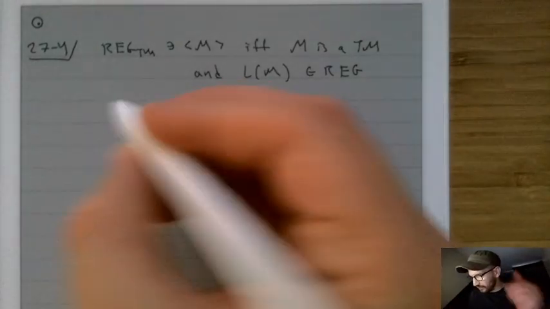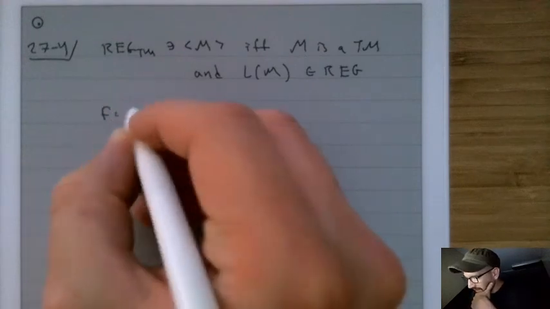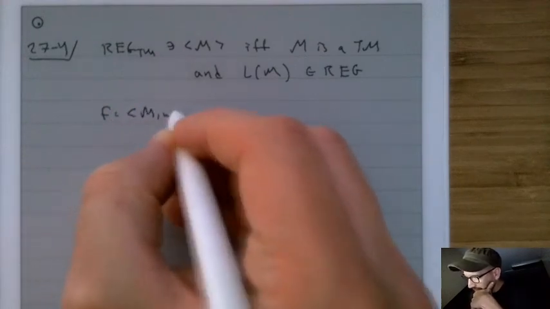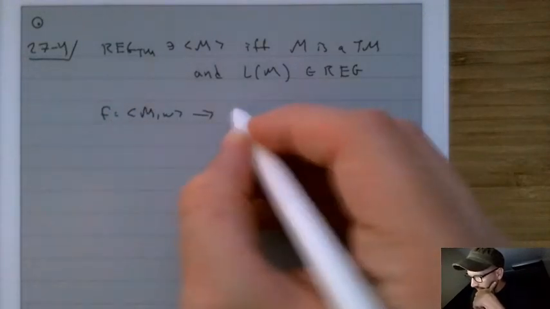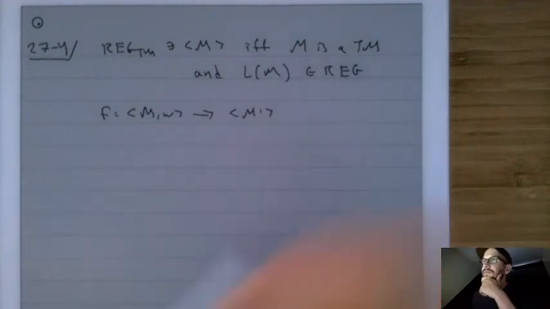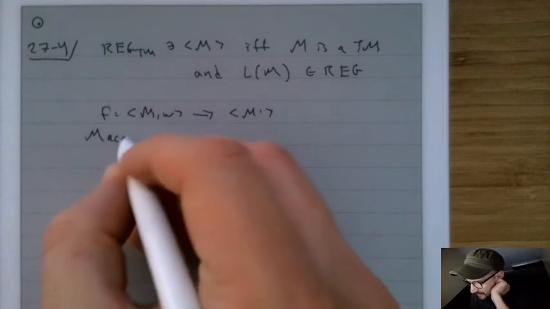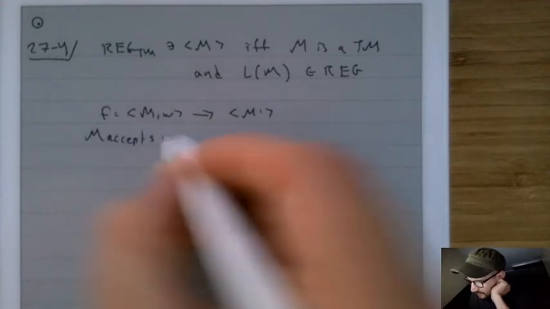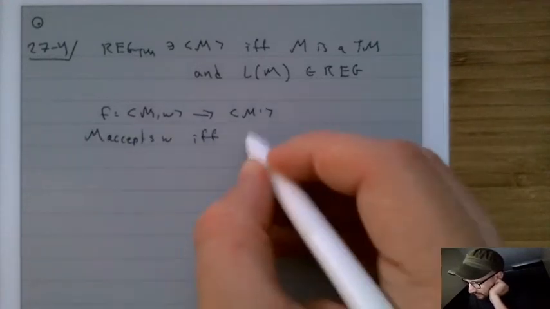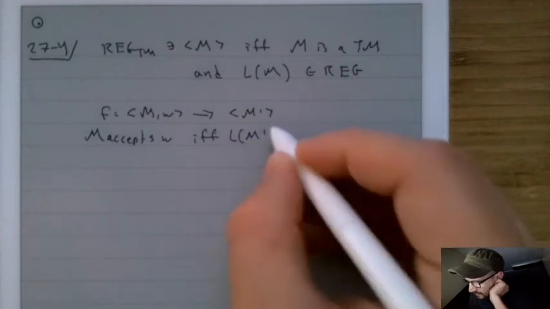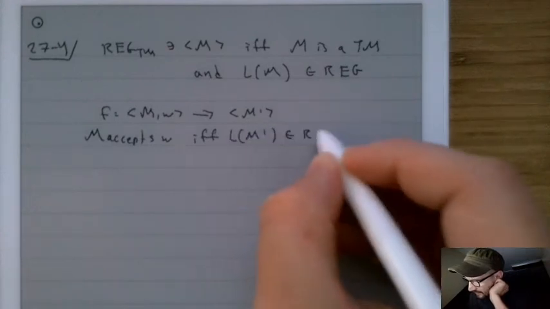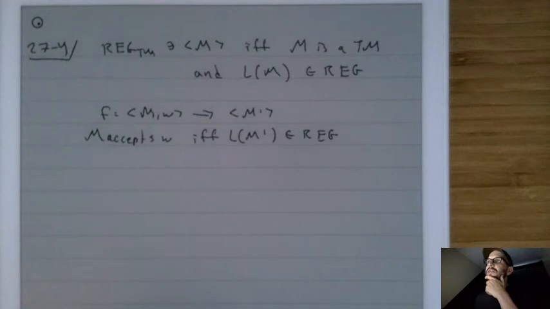What we want to do is write a function f that takes in M, w and returns M prime such that M accepts w if and only if the language of M prime is inside of Reg. Okay, so how can we do that? Well, it's really easy.